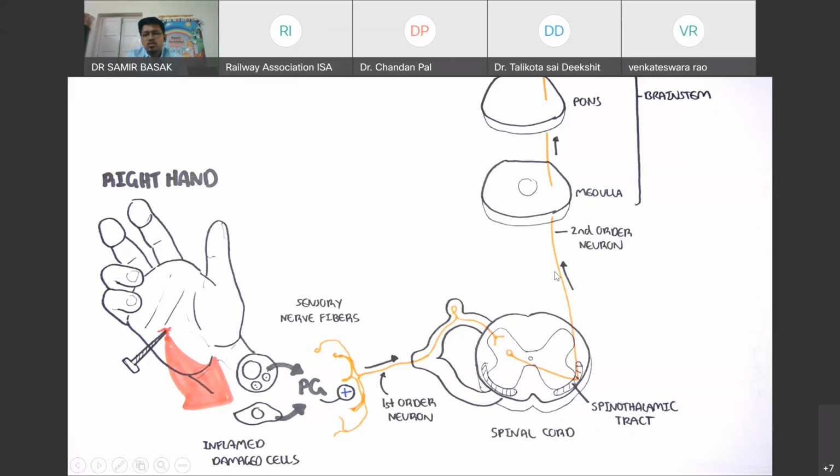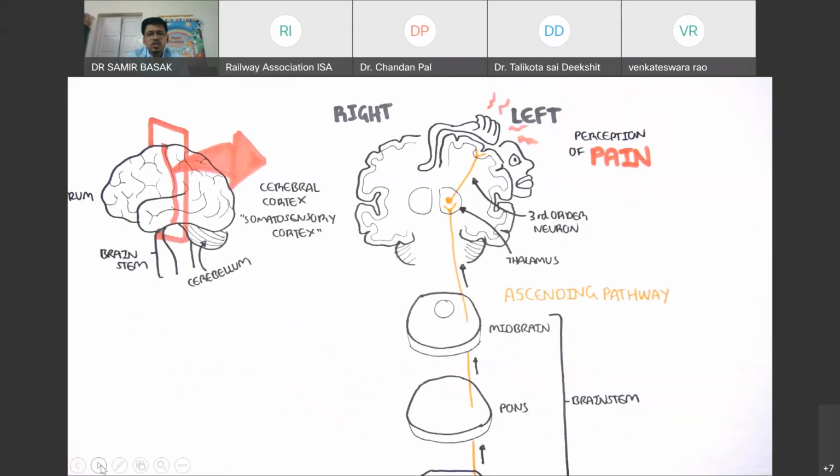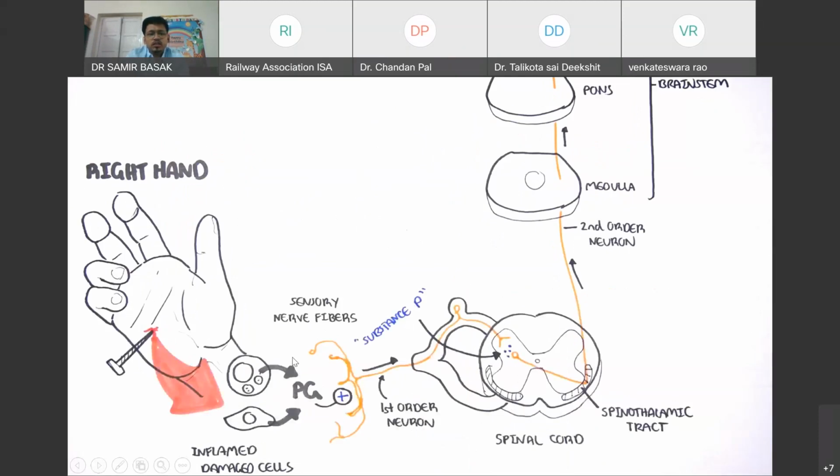The second order neuron goes through the medulla, through the pons, till the thalamus. In the thalamus the third order neuron starts. It goes to the brain and we perceive it, after modulation, as pain. And there is substance P released by the first order neuron. It carries the pain signal to the second order neuron.